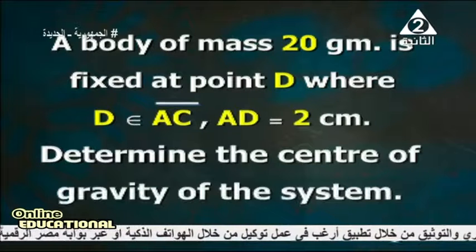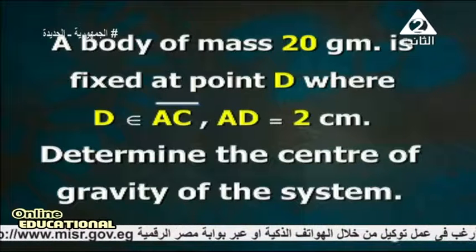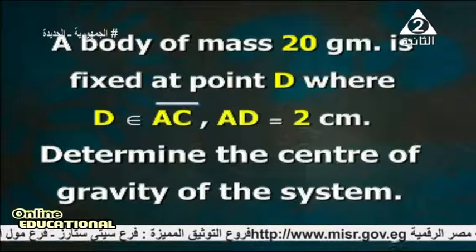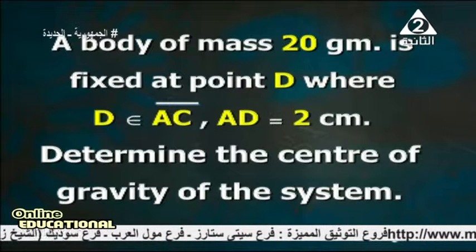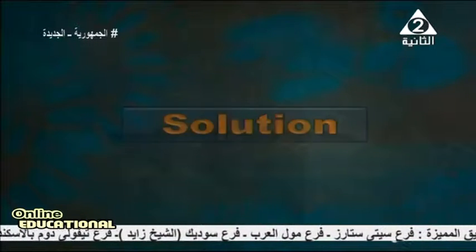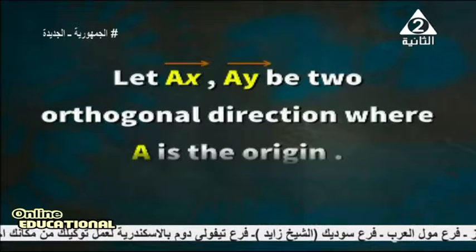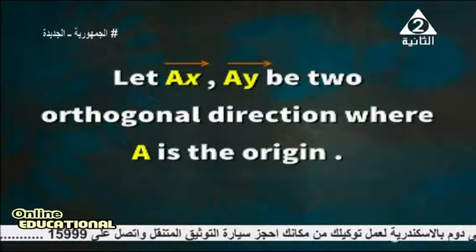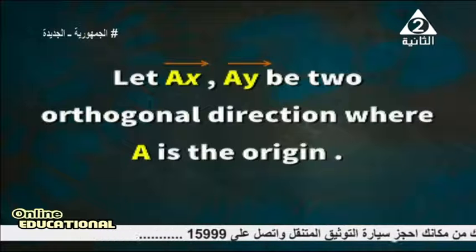A body of mass 20 gram is fixed at point D, AD equals 2 centimeter. How to determine the center of gravity of the system? We know that, my dear student, we put AX, AY in orthogonal directions. A is the origin point.